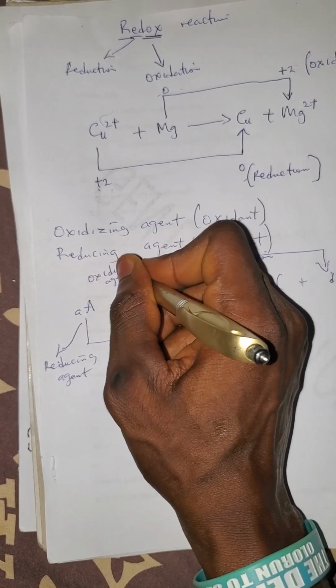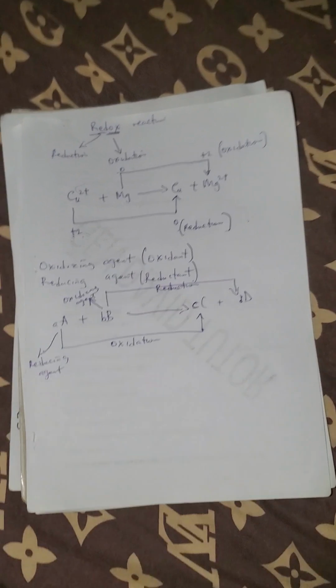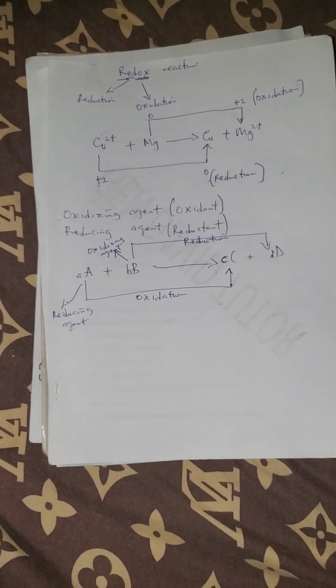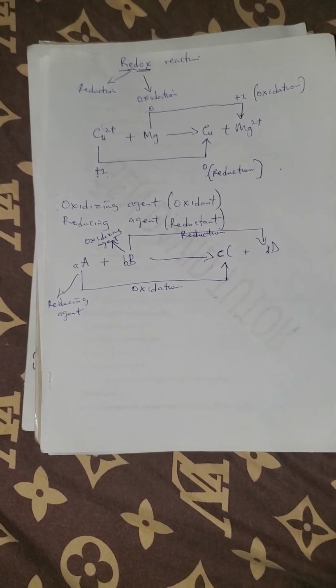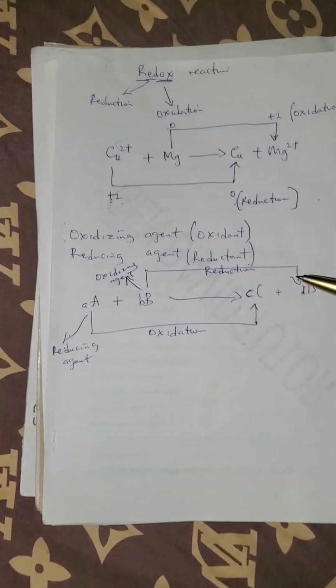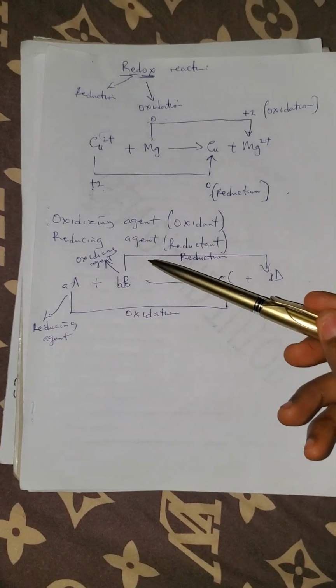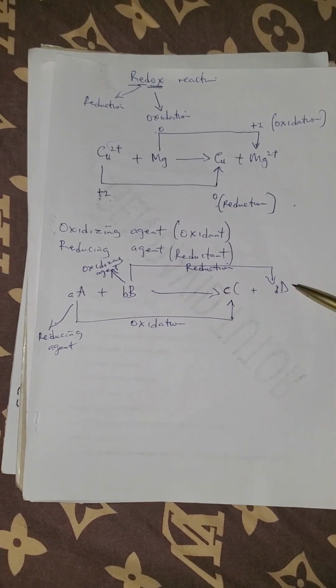Take note, you pick oxidizing agents and reducing agents at the reactant side. You cannot pick them at the product side, because how will you know that a substance is a reducing agent or oxidizing agent when you pick it at the product side?